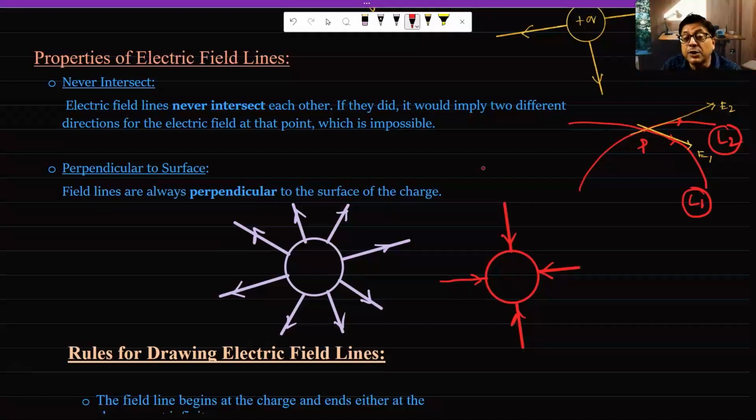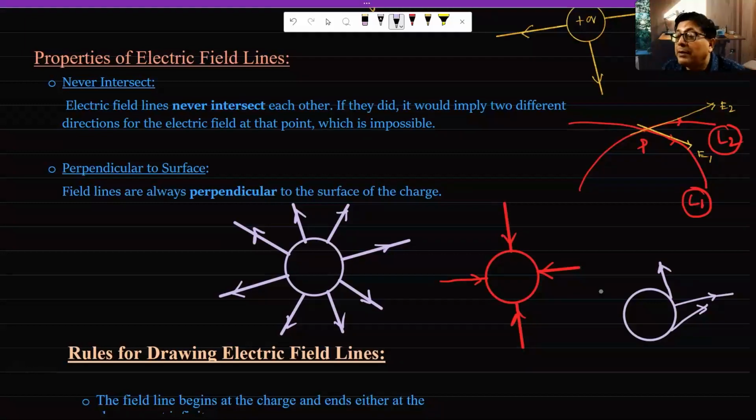Because if they are not meeting a surface in a perpendicular direction or not emanating from the surface in a perpendicular direction, then let us consider a very interesting situation here, where we assume that they are not perpendicular. Lines of force, one line of force coming this manner, another line of force going this manner.